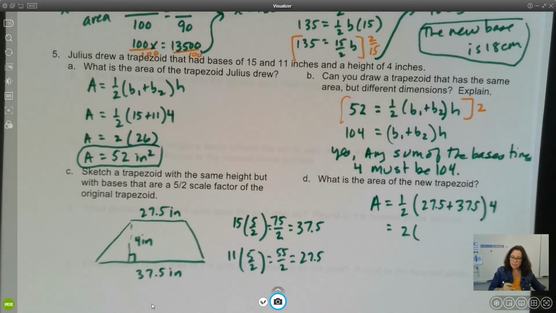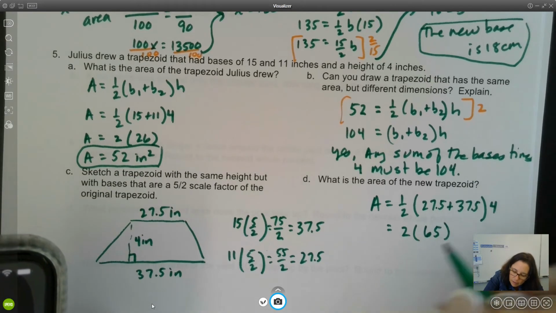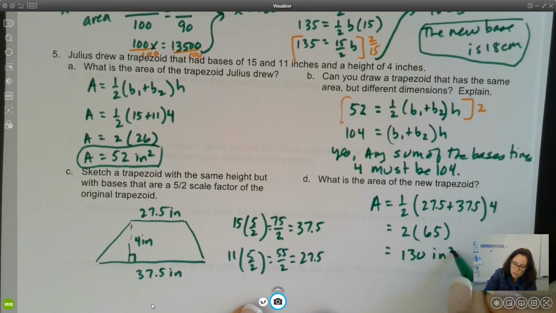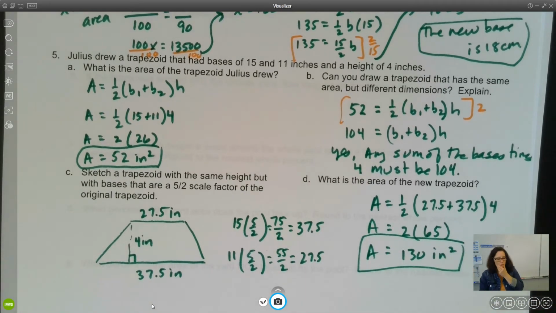I'm getting my calculator out, my brain isn't working for that one. 27.5 plus 37.5, 65. And 65 times 2 is 130 inches squared. That is the new area. Okey-doke, next page.